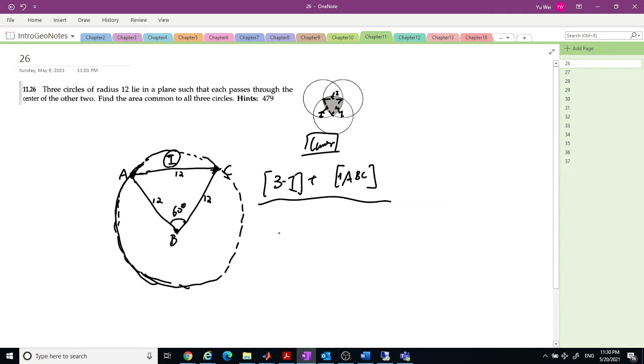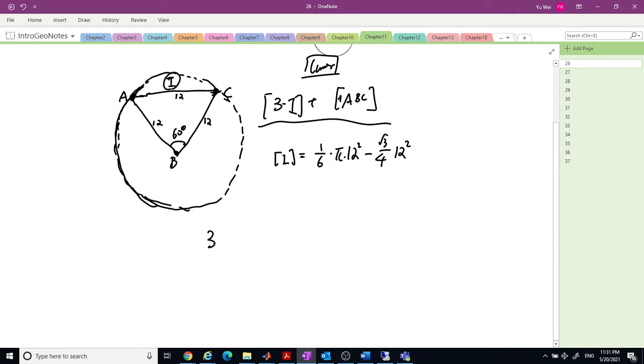Let's solve L. L equals one sixth of the circle, pi times 12 squared, minus the equilateral triangle, root 3 over 4 times 12 squared. So three times L plus ABC is three times the quantity one sixth pi 12 squared minus root 3 over 4 times 12 squared, plus root 3 over 4 times 12 squared.